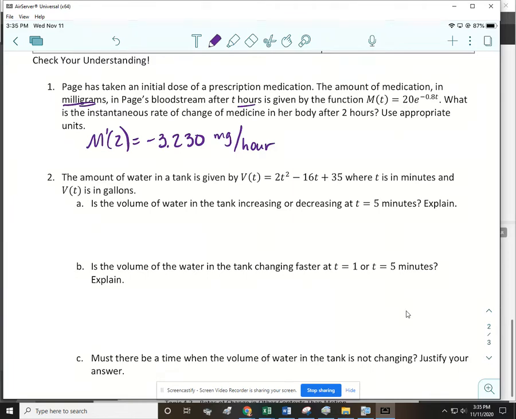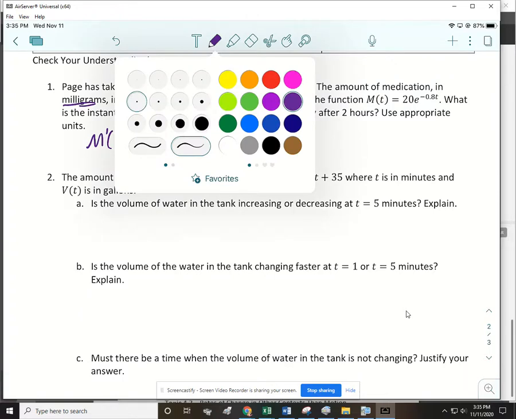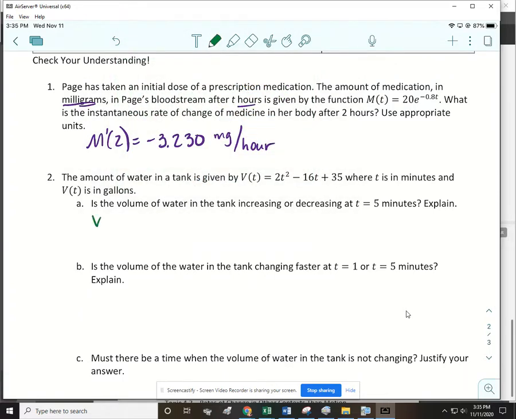To find if the volume is increasing or decreasing, we need to find the derivative, the rate at which it is changing. We're just going to find the derivative using the power rule, and then plug in 5. All right, so we get 4. This is technically 4 gallons per minute.